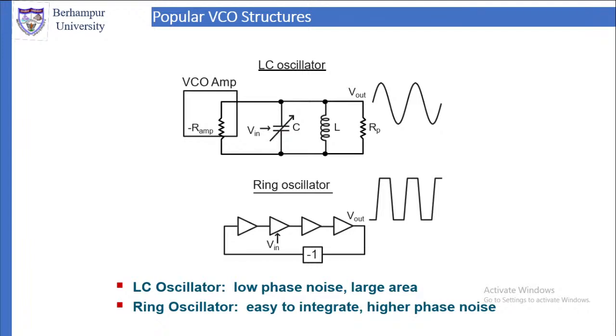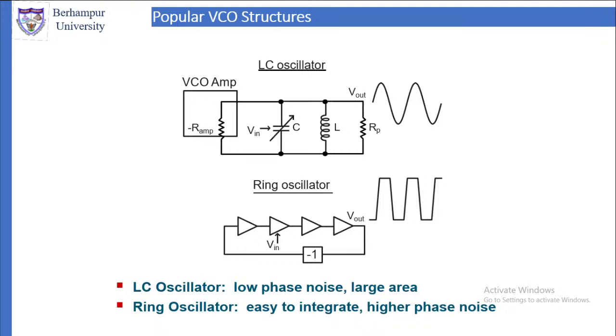If you give that feedback, it will continue. It looks like a ring. The input goes out, then comes back with the same amplitude, then goes out, comes back with the same amplitude.